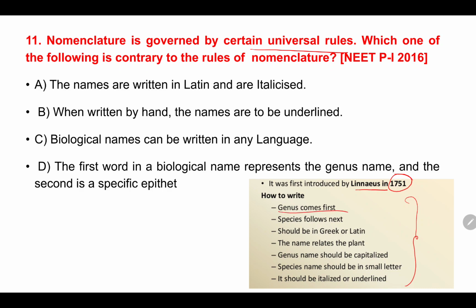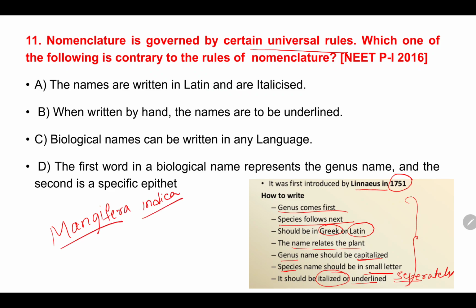The first name should be the genus, the second will be the species, and it should be in Latin or Greek, and the name should relate to the plant. Genus should be in a capital letter, species should be in a small letter, and it should be in italics or underlined separately. For example, you had already learnt Mangifera indica, right? Like this.